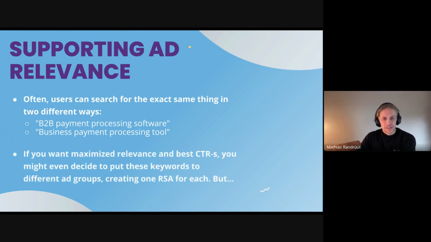However, as I already mentioned before, this will lead to multiple ad groups. You will have to create different RSAs for that. Each RSA needs to learn, and we have limited impressions and limited search demand at the same time, which means that Google's machine learning likely will not really learn effectively.